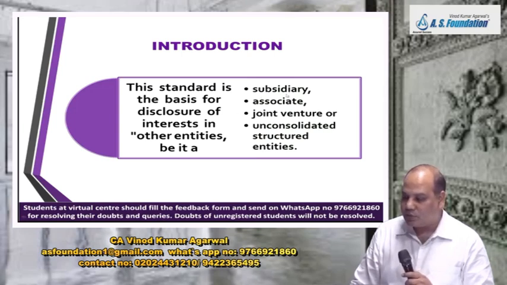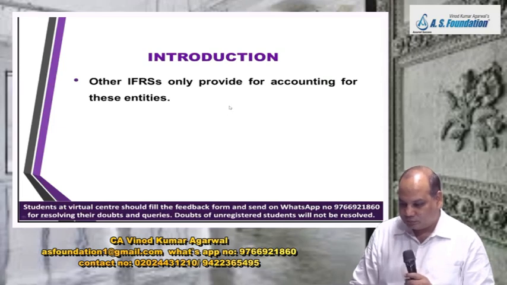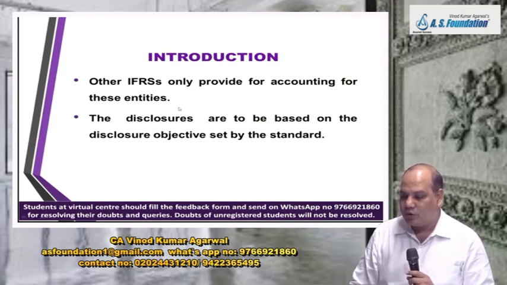Disclosure of interest in subsidiary, associate, joint venture or other unconsolidated structured entities. Other IFRS only provide for accounting of these entities, for example IFRS 10, IAS 28, IFRS 11.